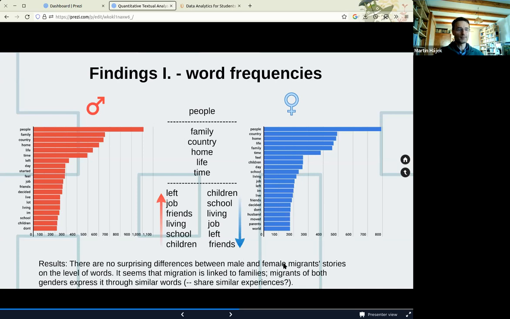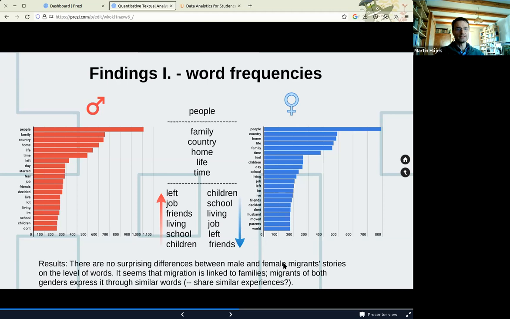So if we think about migration, we have to think about families, not so much about individuals, even if it is individuals alone that migrate.